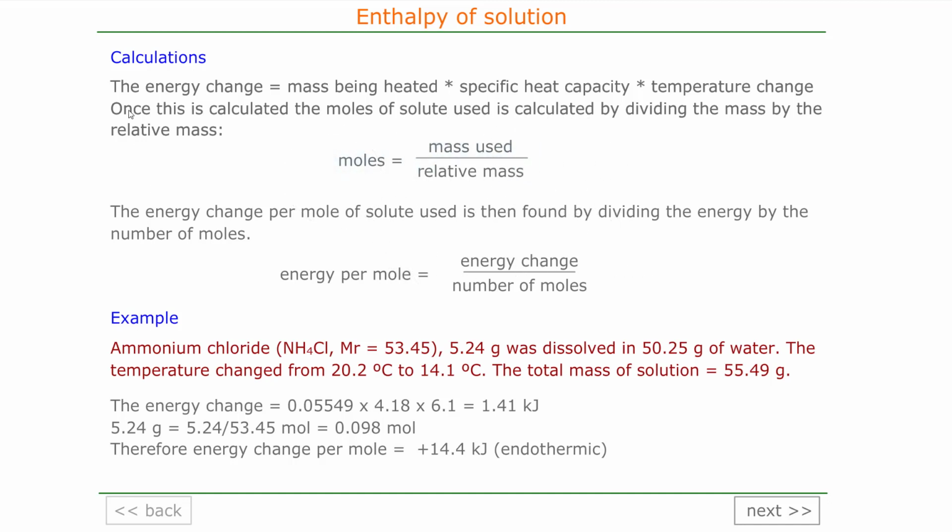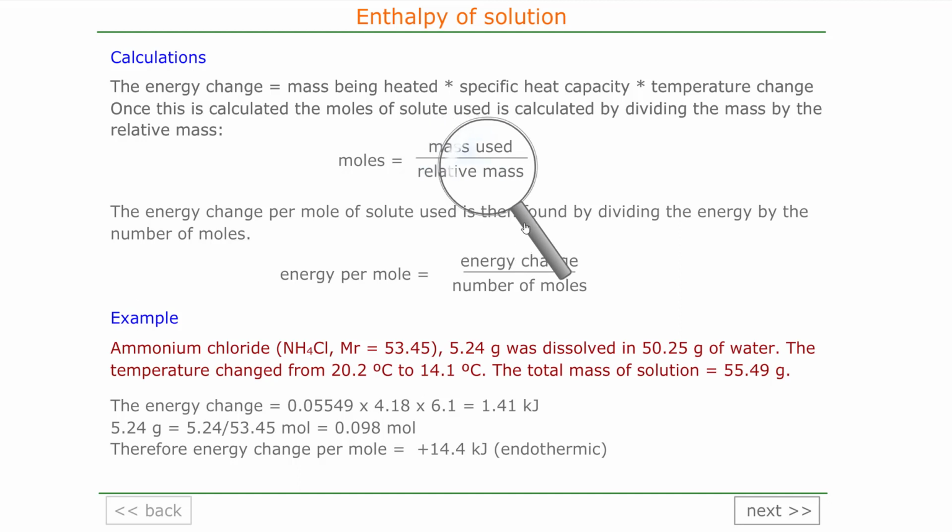Alright, so we calculate the overall energy change, and then we need to know how many moles of solute have been used. To find the moles of the solute, we look at the mass of the solute used divided by its relative mass.